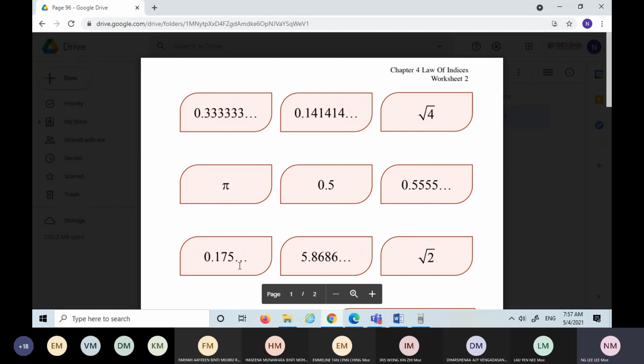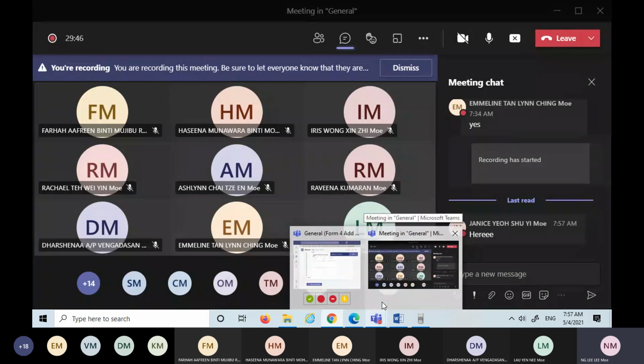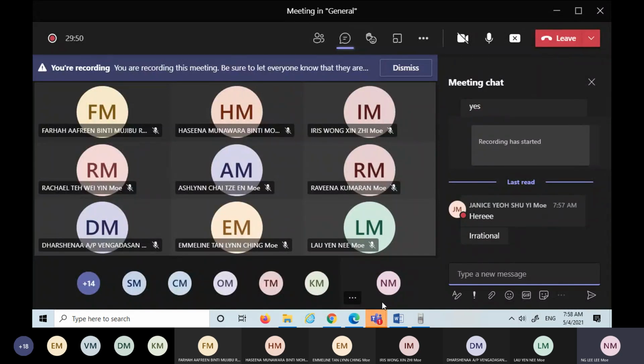Okay, 0.175. Let's say these 3 dots don't have. No 3 dots. I don't want it to repeat. Only 0.175. Rational or irrational number? Now I don't guide you already, think carefully before you answer. Why irrational? Don't tell me it's because of non-repeated decimal.